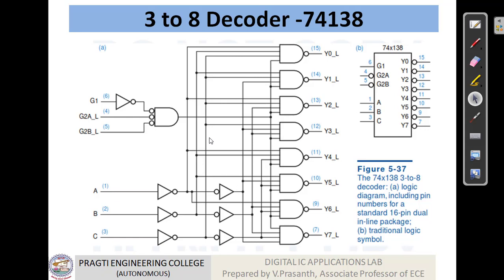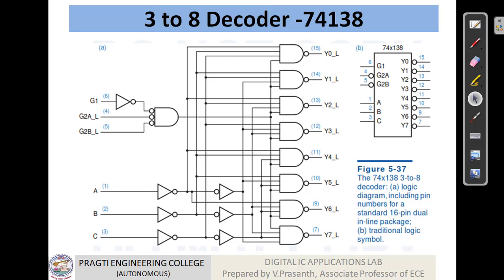We are not going to write structural programming; we are only writing dataflow programming as well as behavioral programming for the 3-to-8 decoder. Let us go in detail with how to write a 3-to-8 decoder in VHDL.